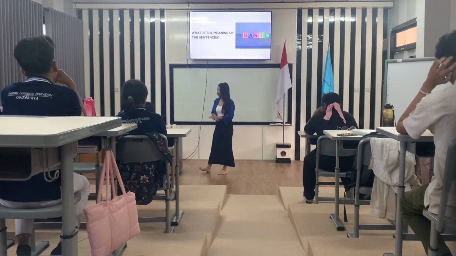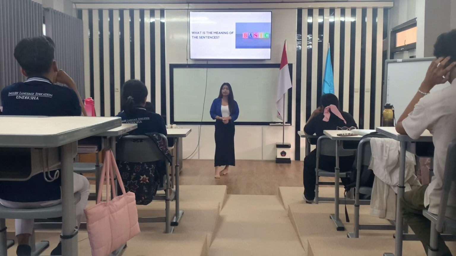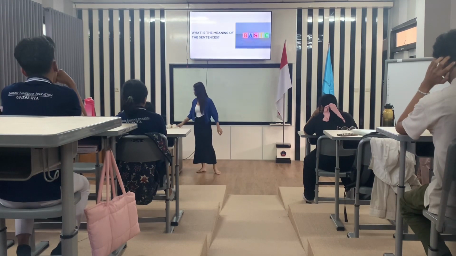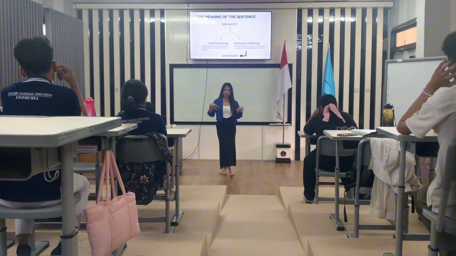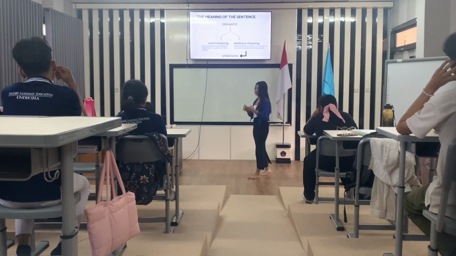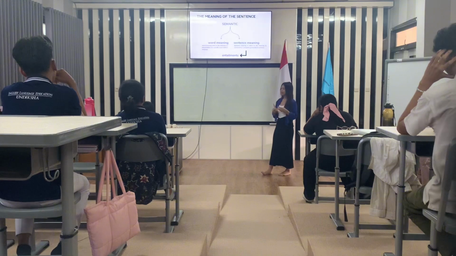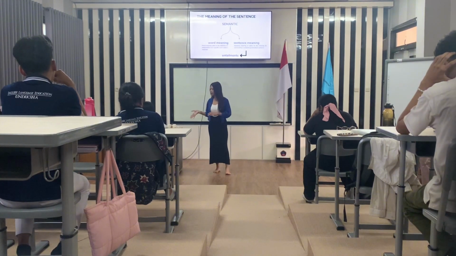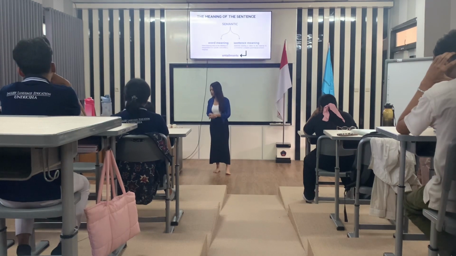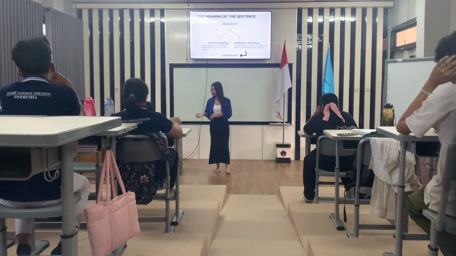Okay, here I'd like to explain what is the meaning of the sentence. The meaning of the sentence in semantics is divided into two: the first is word meaning and the second is sentence meaning. Word meaning refers to the definition or interpretation of a specific word within a language.